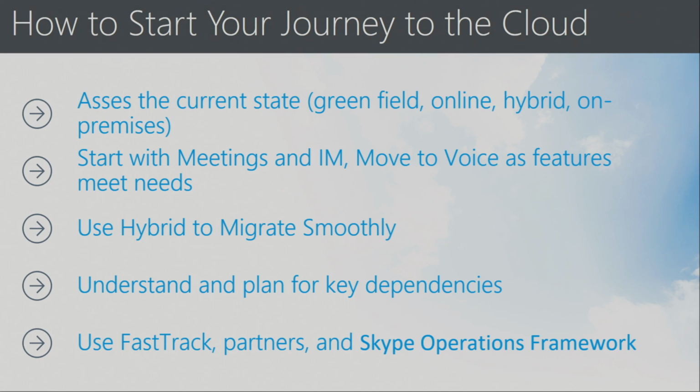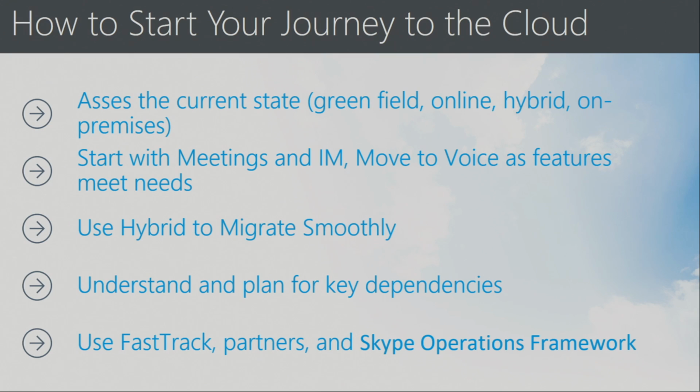The next area that we look into is, okay, so I figured out my current state. I figure out I'm going to get to the cloud at some point. Well, how do I approach that? Trying to do everything all at once could be painful. Could be fun, could be painful. So a lot of times we'll see customers experiment by starting with things like the meeting and IM workload.